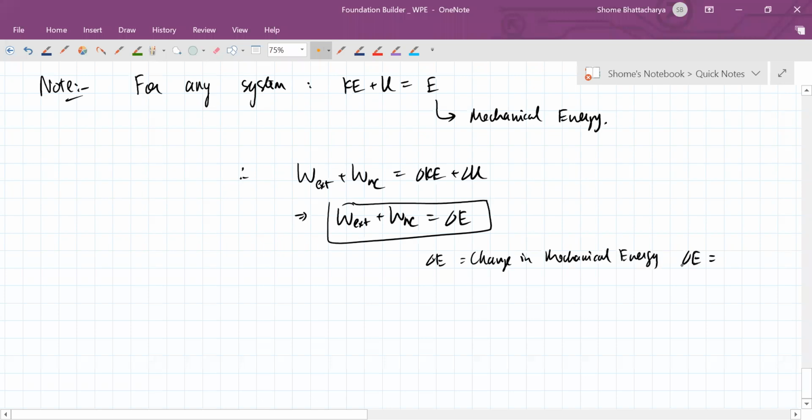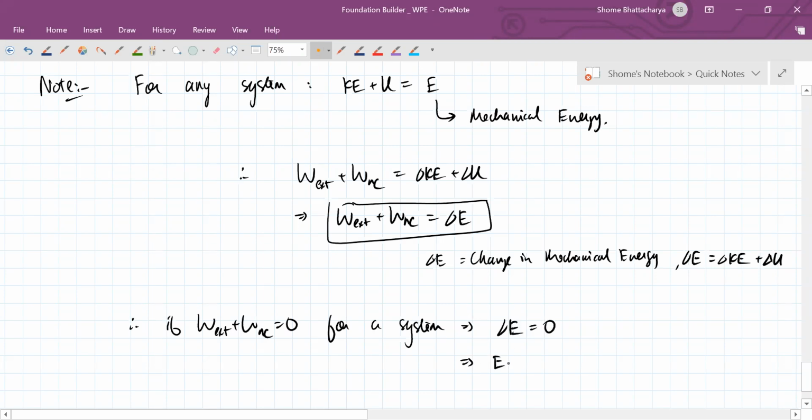The change in mechanical energy is the sum of the change in kinetic plus change in potential energy. Okay. So therefore, if work done by external plus non-conservative forces is zero for a system, that means the change in mechanical energy is zero, which means that mechanical energy is constant.